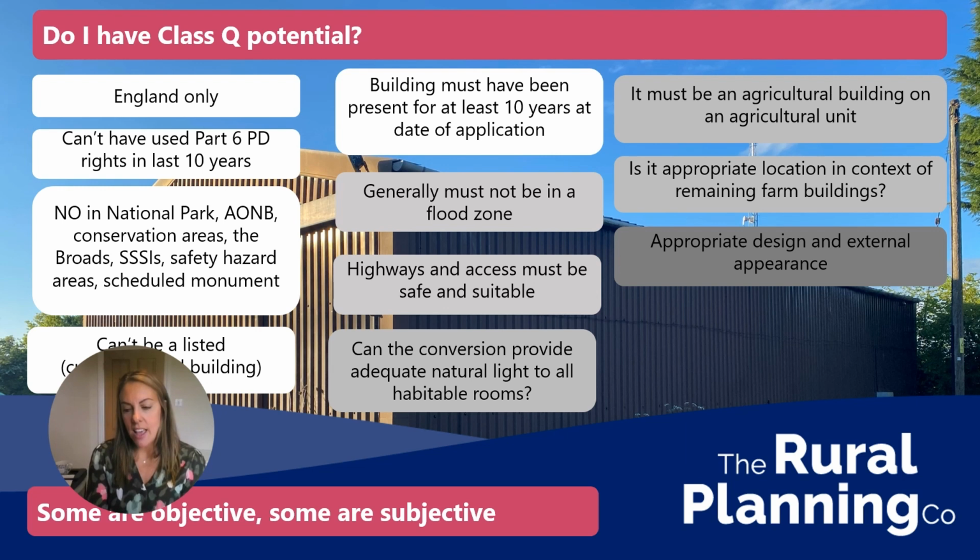Again, as a rule of thumb and path of least resistance comment, if you can retain the existing materials for your Class Q, that helps as well. That seems to make it easier for them to go through. Now, if you've got some kind of old tin on the side and it's really not something that you want to keep, yes, in theory, it can be reclad, so long as it doesn't go beyond the external dimensions.